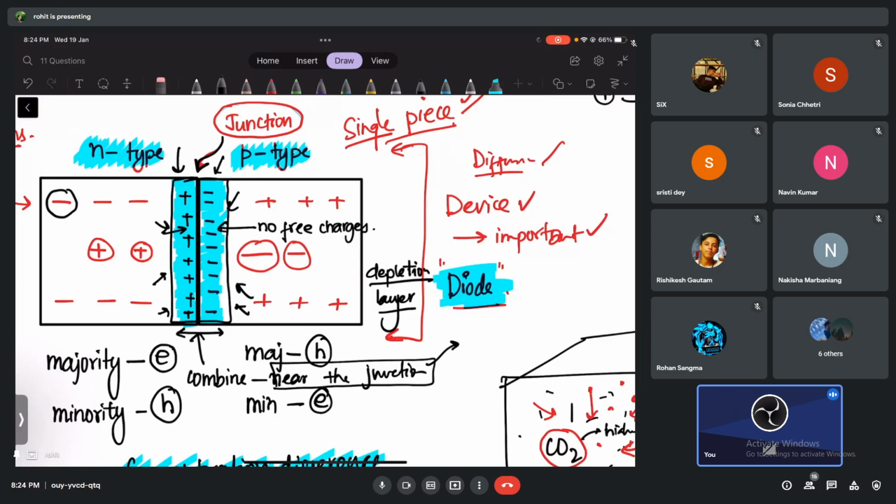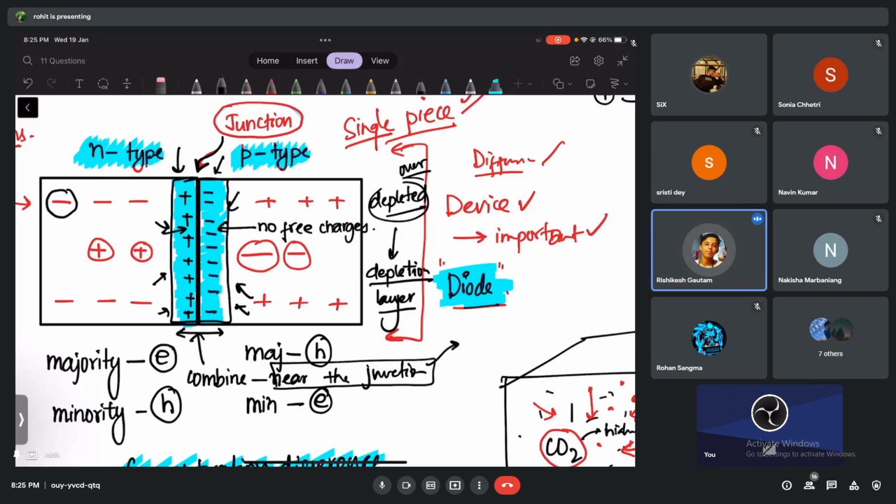No free charges. This region is called the depletion layer. Depletion is also called depleted. Depleted means to be over, okay. So this region is called the depletion layer. Can you understand this, guys, all of you?